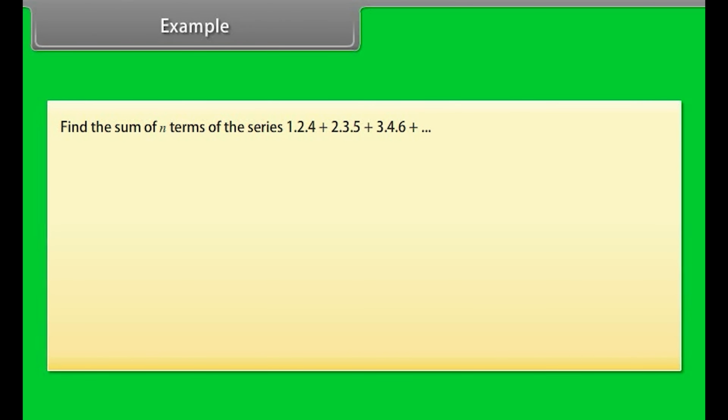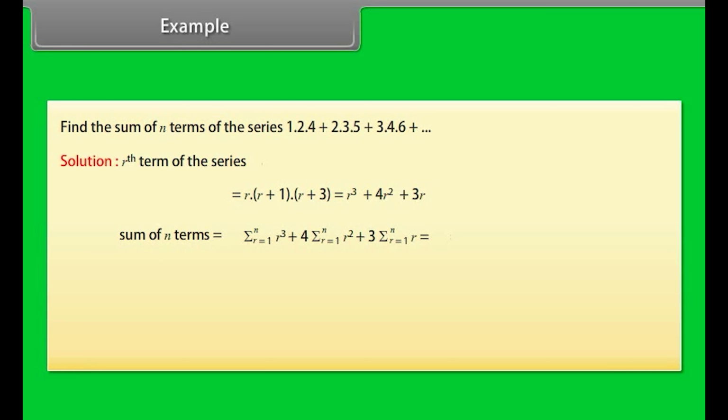Example: find the sum of n terms of the series. Solution: rth term of the series is equal to. Sum of n terms is equal to summation from r is equal to 1 to n of r cube plus 4 times summation from r is equal to 1 to n of r square plus 3 times summation from r is equal to 1 to n of r, which is equal to.